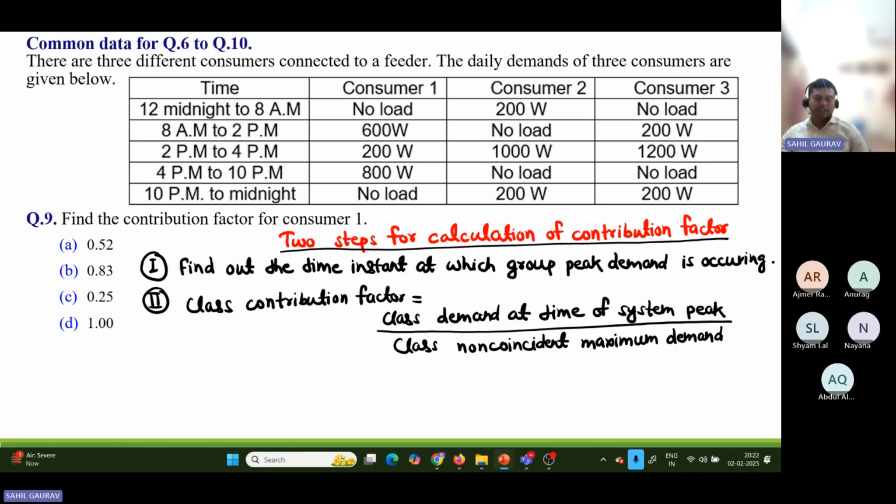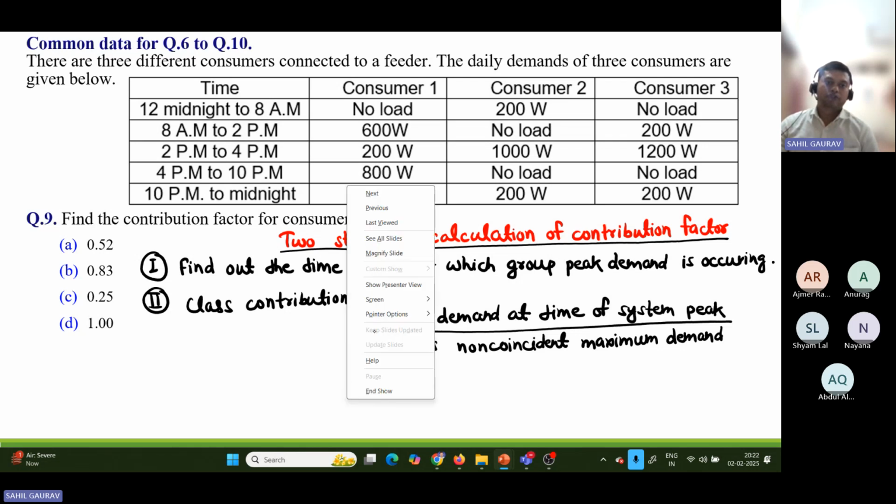Those who are able to get the answer, you can type to us in chat box. Let me give you another hint also. In this, you need to know the time instant at which group peak demand is occurring.